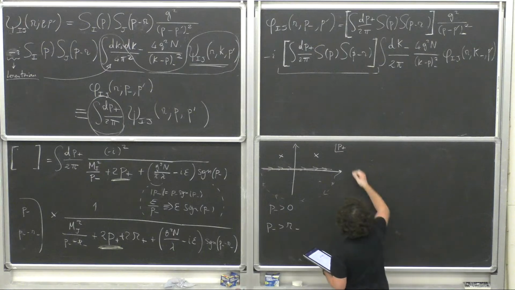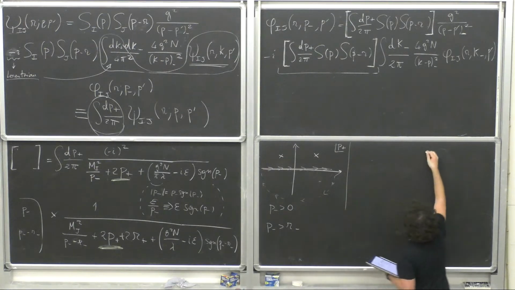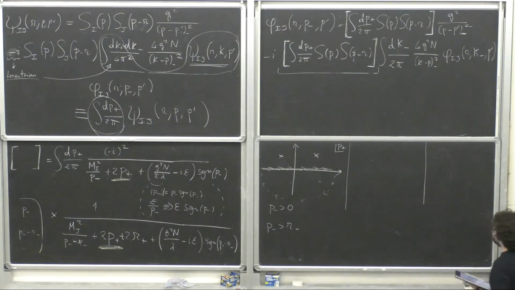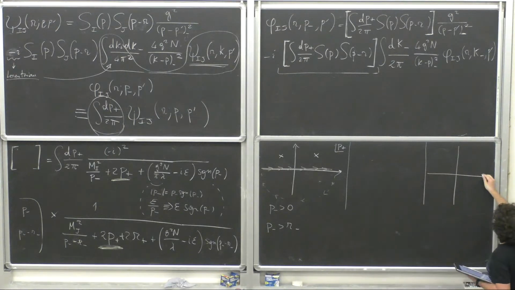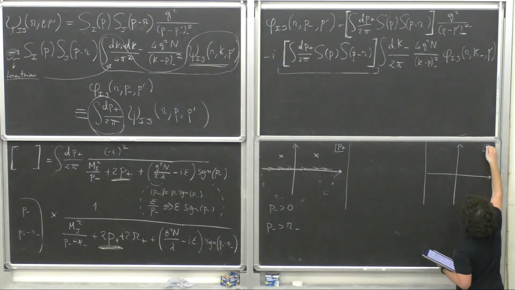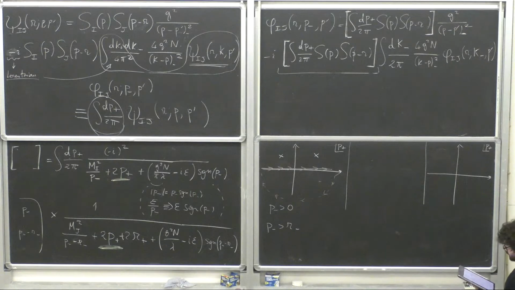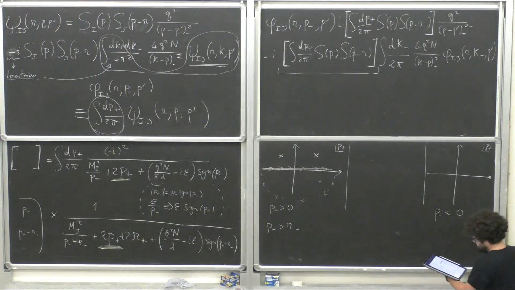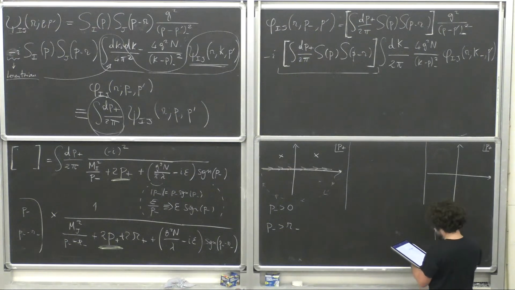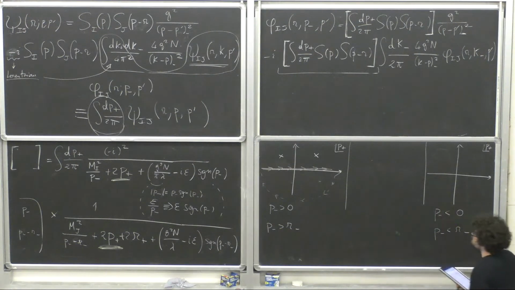Let's leave the most interesting case for the middle. There is, of course, the other possibility in which p minus is less than 0 and p minus is smaller than r minus.